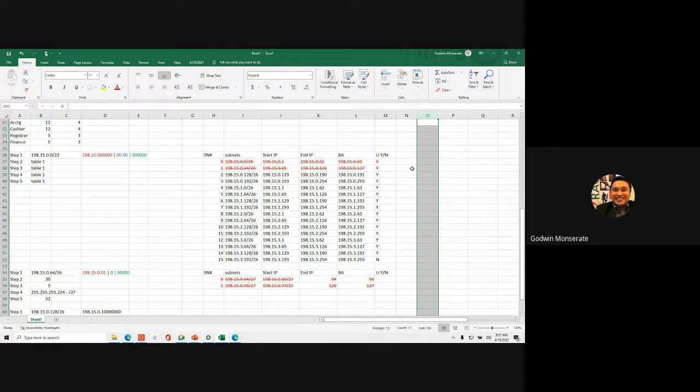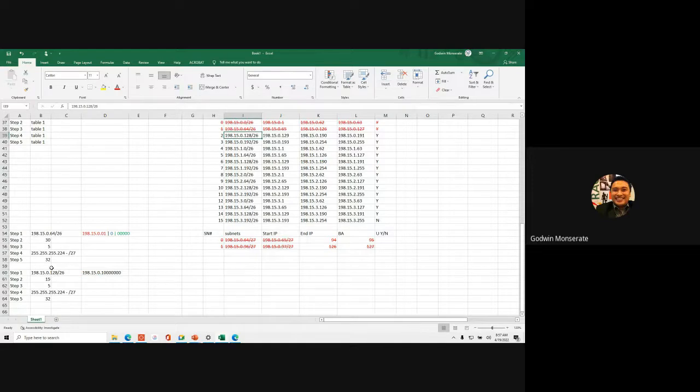Okay? So this one we have already used, the /28. Is it correct? So we are going to cross this one out. We have used this already. Now we are currently computing this one. Slash 26 is until here. We'll mark this one red.